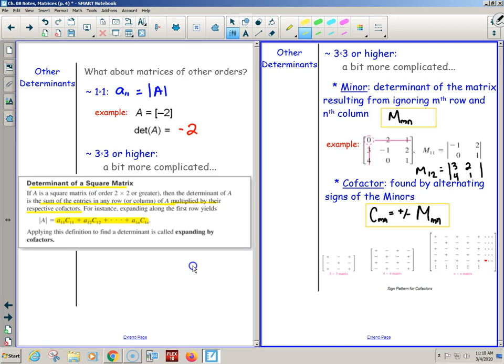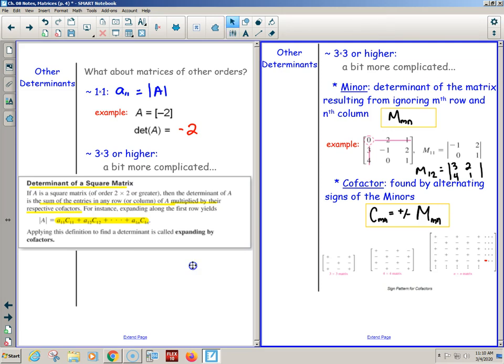Oh, I see. Cofactors say, all right, get all the minors from a row, or get all the minors from a column, whichever row, whichever column you choose. Collect all the minors from a row or a column, whatever you decide to choose, and then alternate the signs. However, the alternation of the signs is kind of particular.